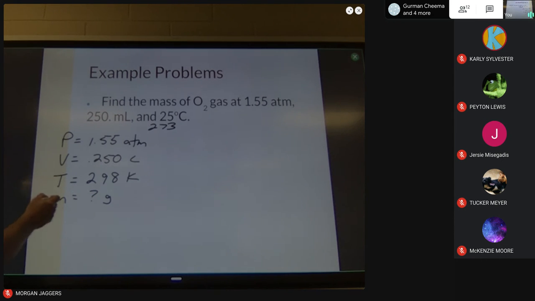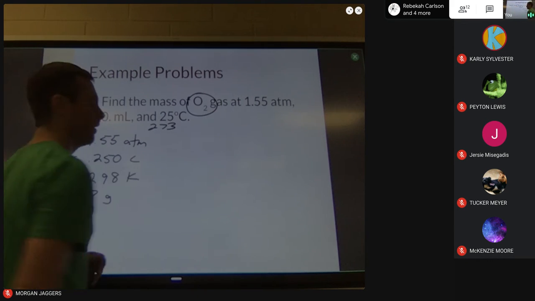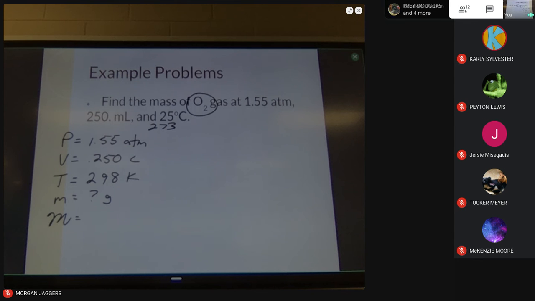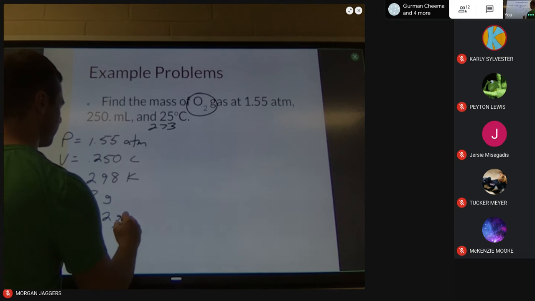If we are looking for mass or we're given mass, then we've got to have the molar mass somewhere. And this is the most important key to that. You've got to be given the molar mass, or you've got to be given the formula for the compound in order to figure out its molar mass. So we grab our periodic table and say, all right, O2 is 2 times 16, so that is 32 grams per mole.